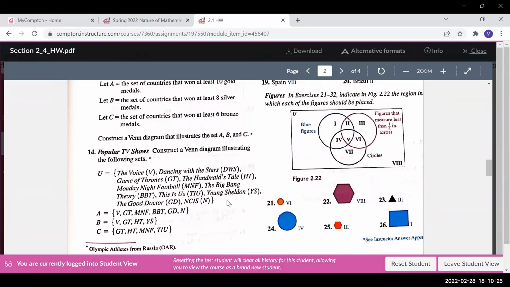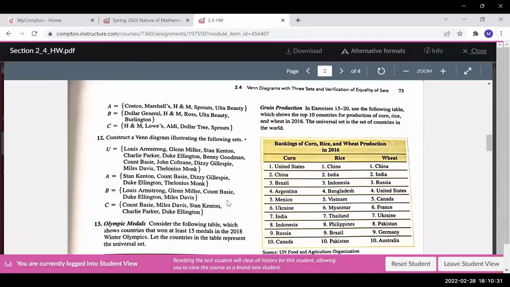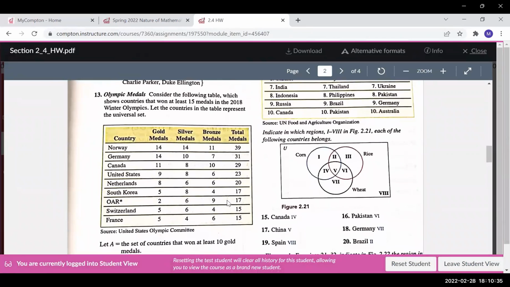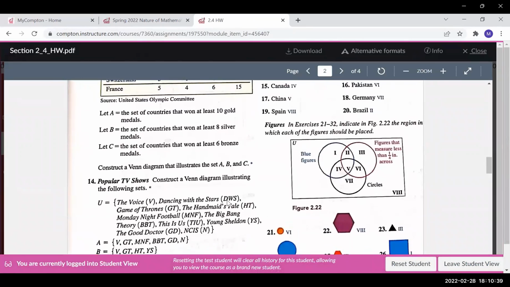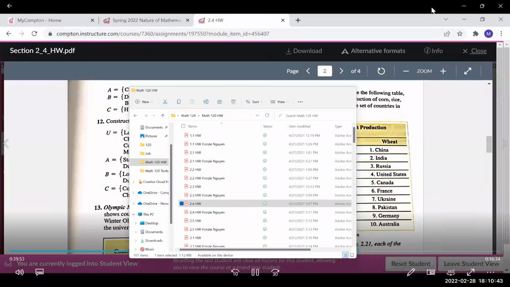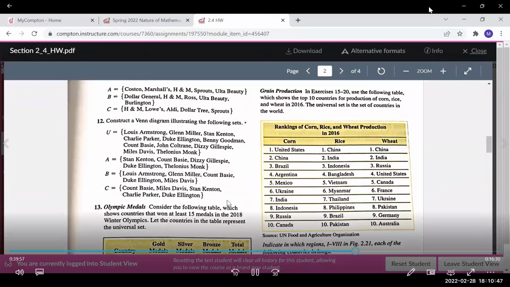Oh man, the answers are there though. Which one would be a good one to do? How about 12? Construct a Venn diagram illustrating the following sets. It's just a bunch of writing, right?